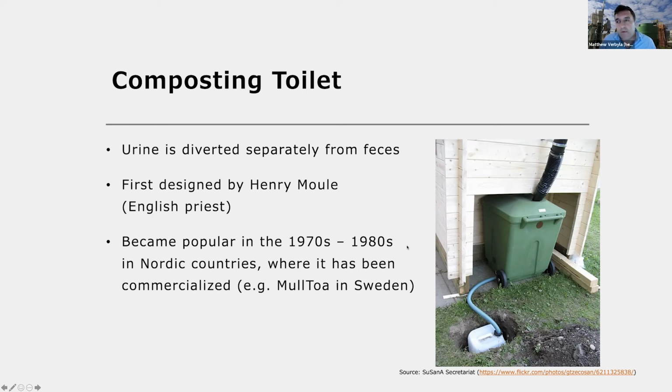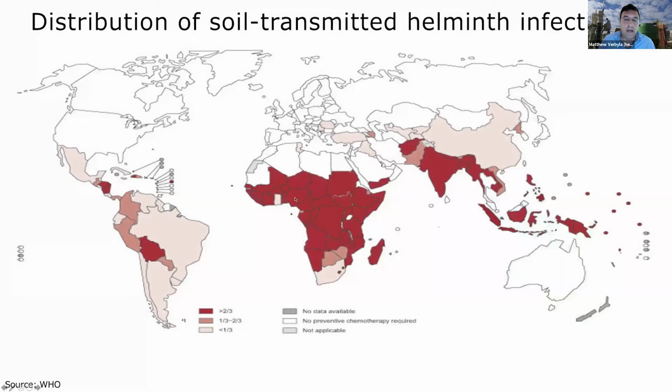However, it's important to note that when this technology is transferred to some other regions of the world, such as tropical regions where there are different diseases that circulate in the population due to the climate, it can cause unintended consequences. For example, soil-transmitted helminths are intestinal parasites that thrive in tropical climates, especially where there's low sanitation coverage and where people are exposed to the soil that may be contaminated with waste.